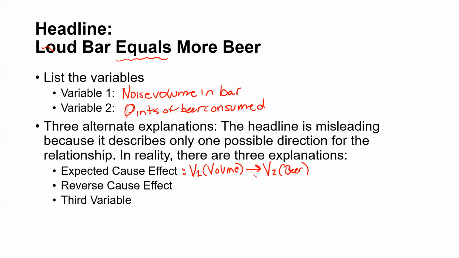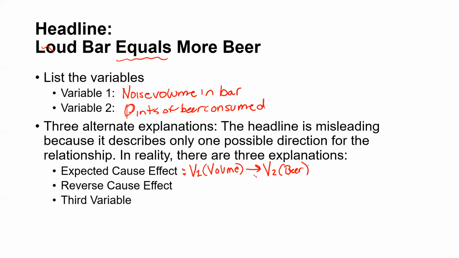I would offer that maybe it's so loud that you can't even talk, so all you do is drink. Is that a plausible explanation? Okay. So someone suggests the more people there are in the bar, the louder it gets. Right, so it's louder because there are more people and that means more beer.